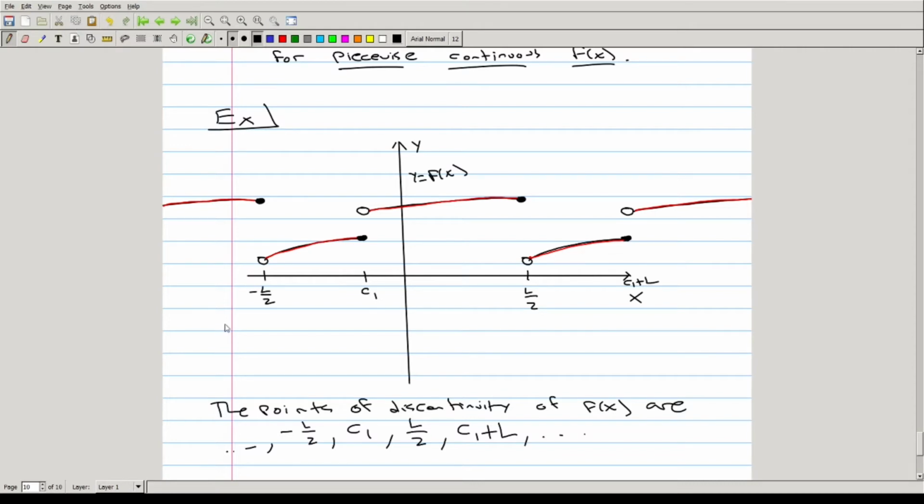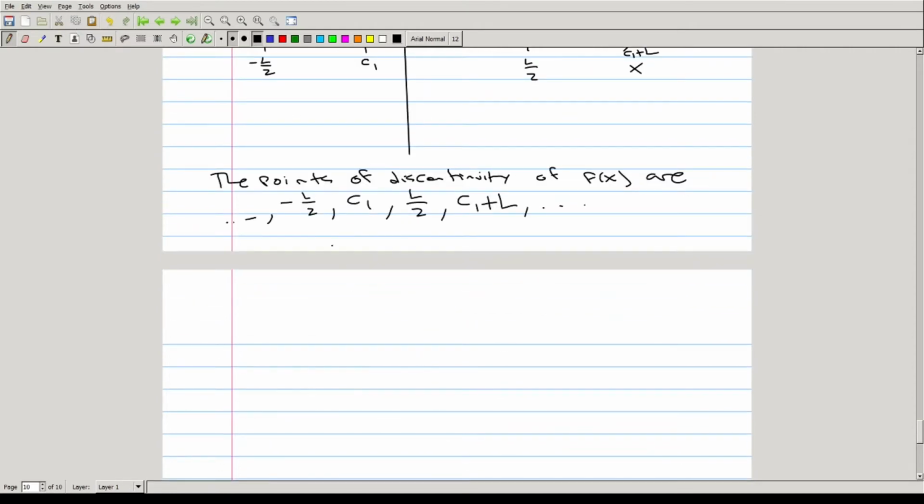And we can ask, what does the Fourier series converge to at these points?